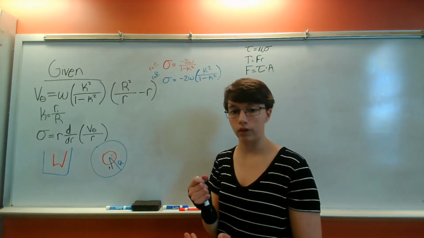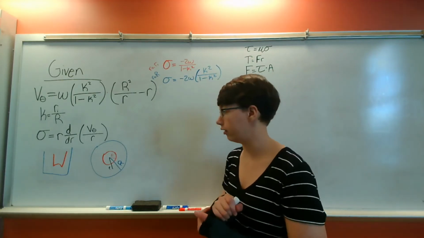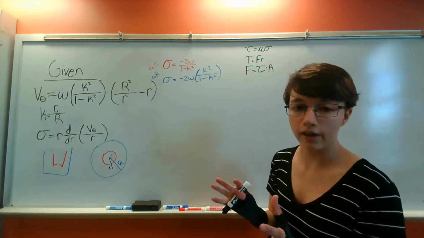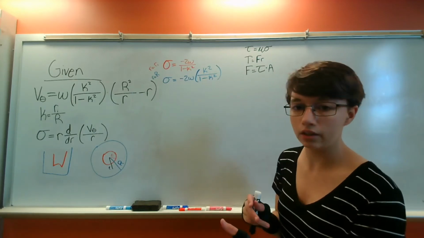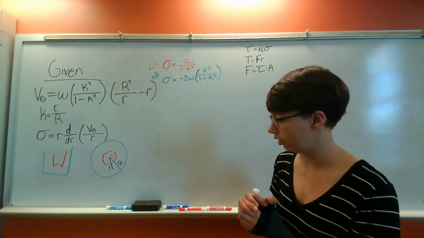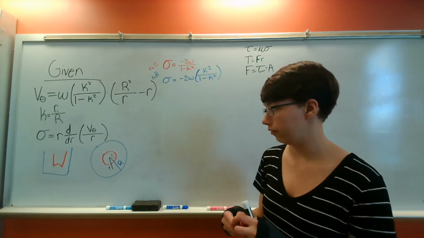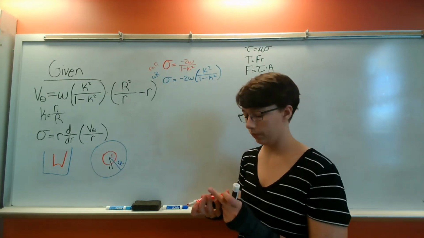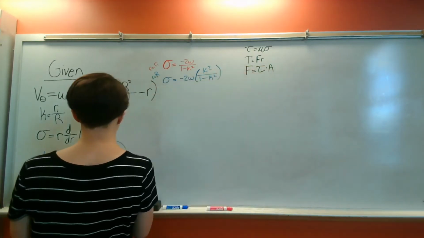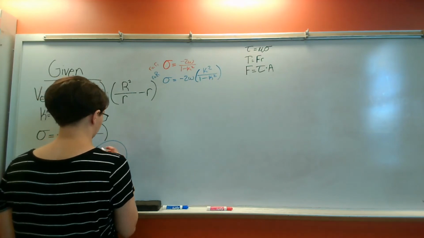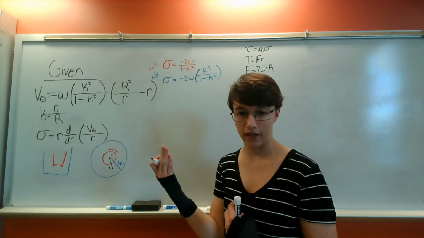Next we're going to want to look at torque, and find the relationship between the torque on our inner cylinder and our outer cylinder. We know that the inner cylinder has torque because there's some force keeping the cylinder spinning.